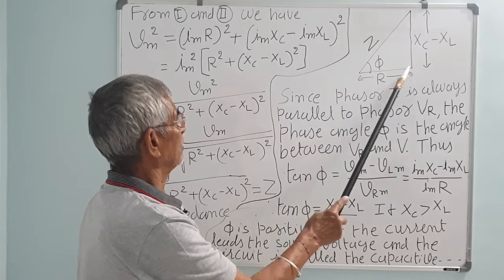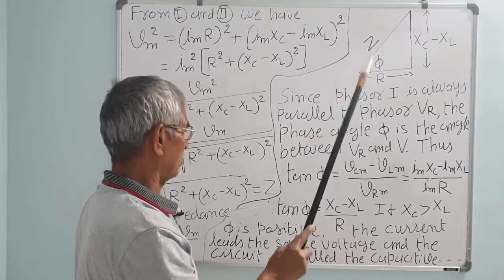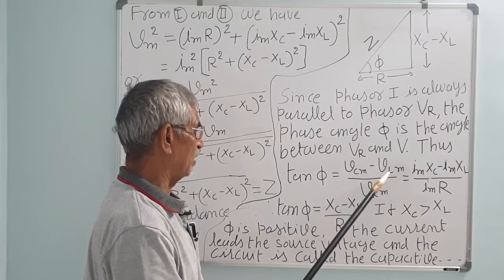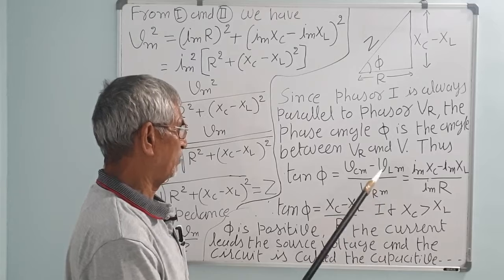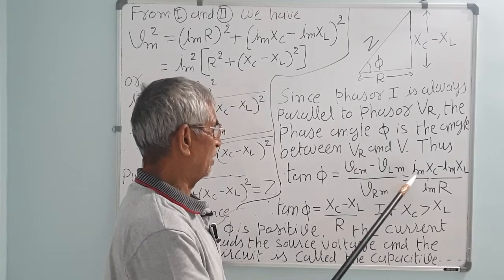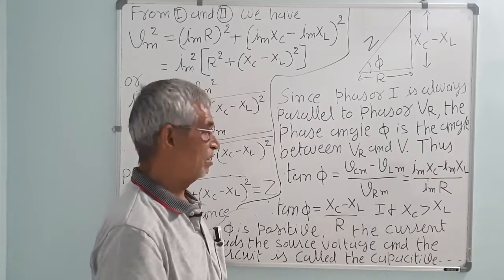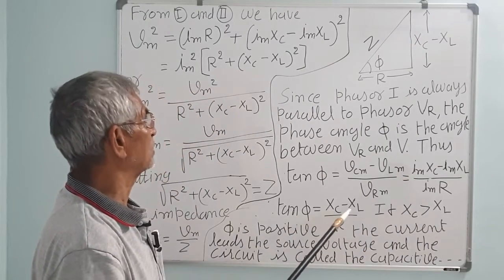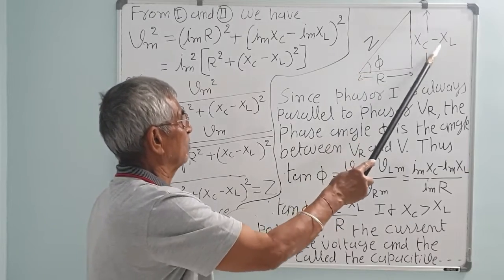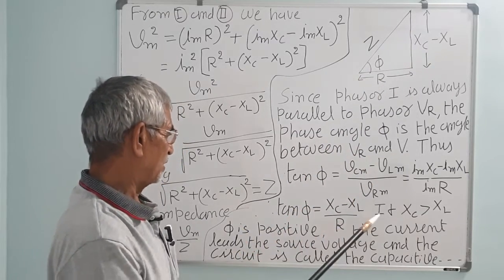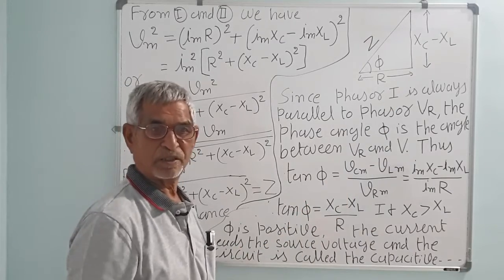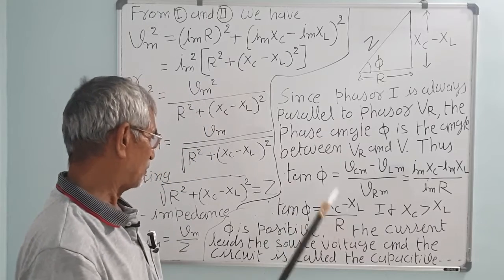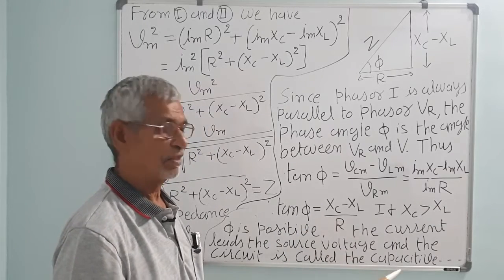That is, this is VR, this is R and this is the direction of V. Thus, tan phi is equal to (Vcm minus Vlm) upon Vrm, and that is equal to (Im Xc minus Im XL) upon Im R. So Im is common, that is tan phi is equal to (Xc minus XL) upon R. When Xc is greater than XL, that is a capacitive circuit, then phi is positive, that is current is leading.